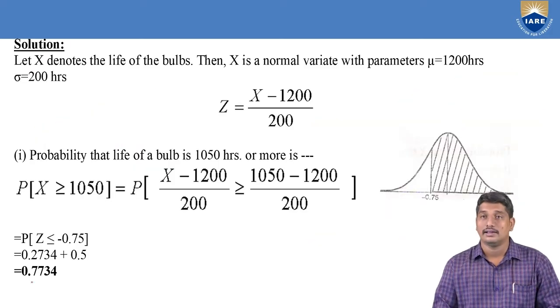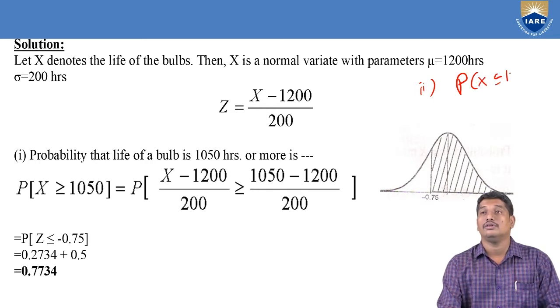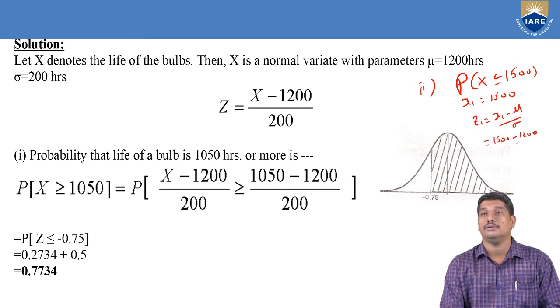Similarly we can calculate the second bit, that is P of x less than or equal to 1500. Here x1 is 1500 and hence z1 is equal to (x1 minus mu) by sigma, that is (1500 minus 1200) by 200, which is 1.5.